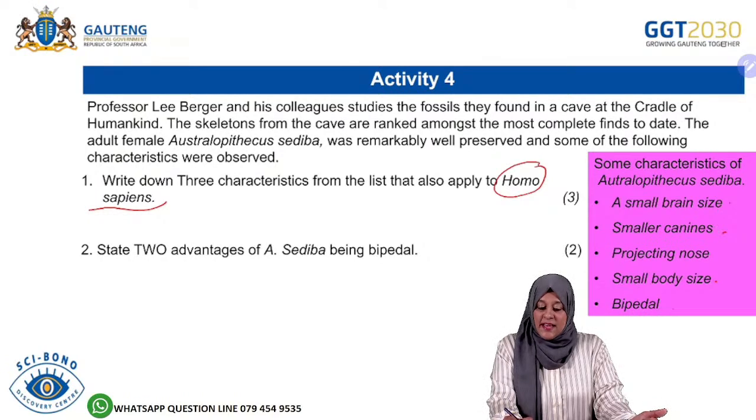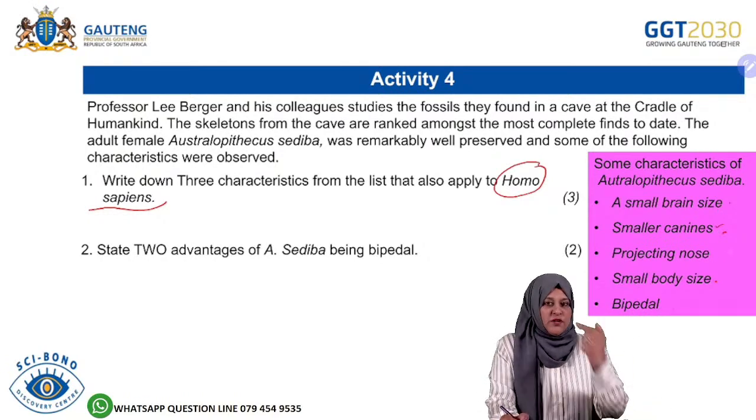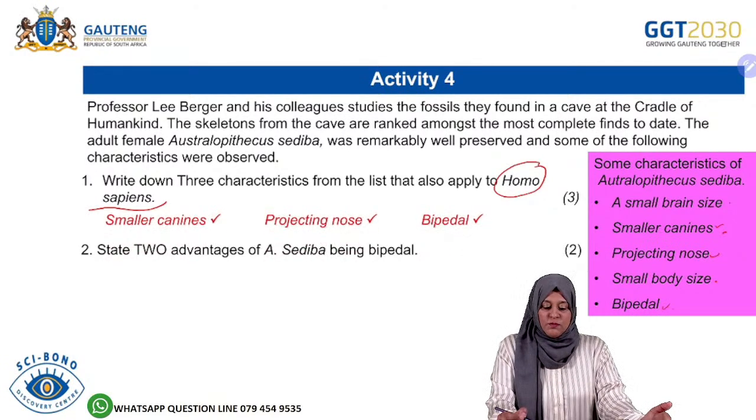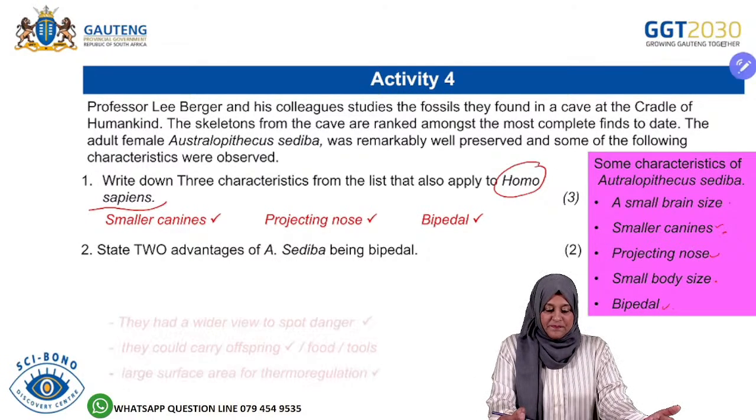Smaller canines, yes, that could be one of them. A projecting nose, definitely, and bipedal. So let's look at that, right? Smaller canines, a projecting nose, and bipedal. So those are the characteristics that they share with Homo sapiens.